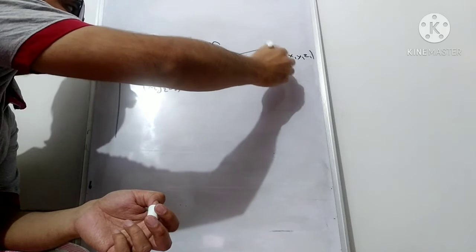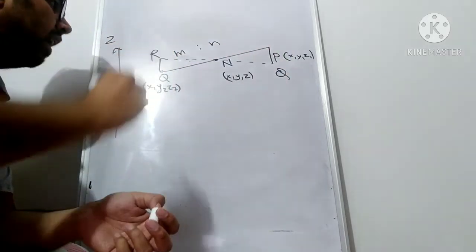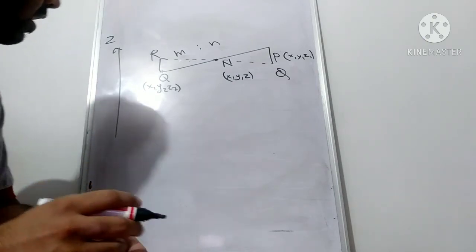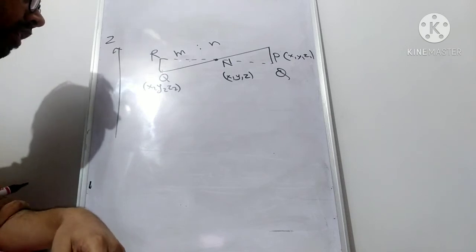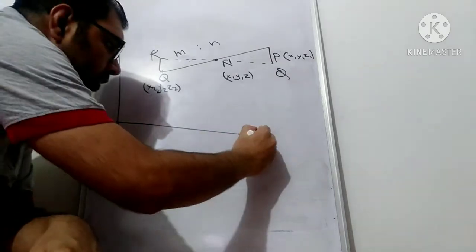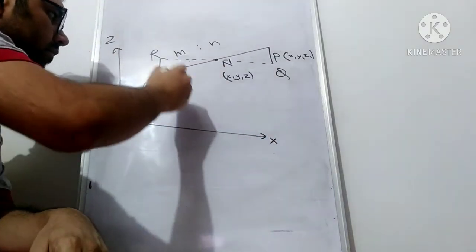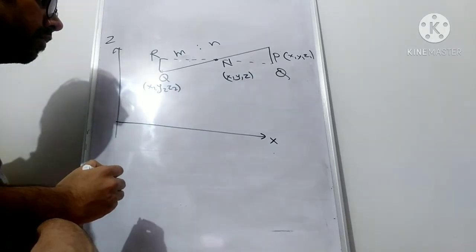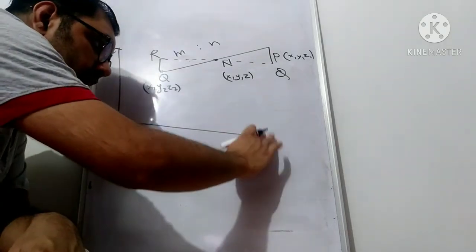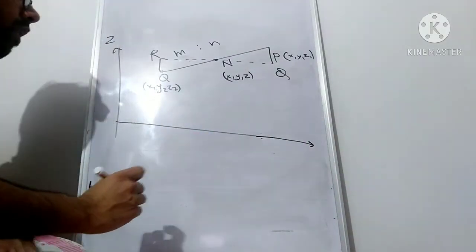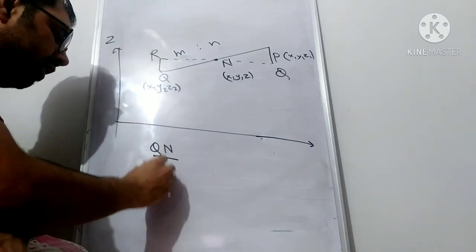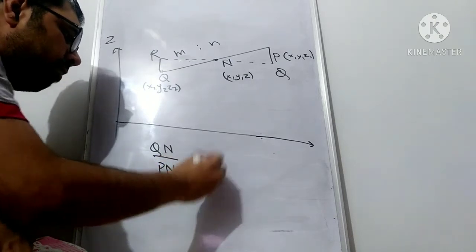Let this point be Q and this point be R. We have this ratio Qn upon Pn, which is given to you as m by n.